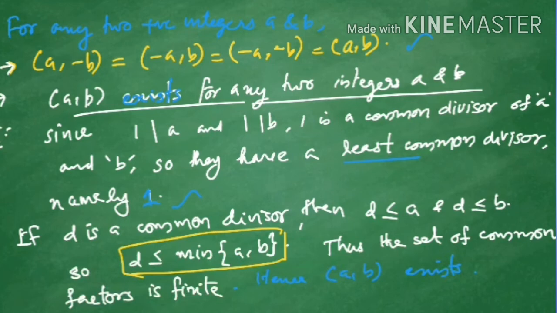Now if D is any common divisor, D must be less than or equal to the minimum of A, B, which is either A or B. That means every common factor is less than or equal to the minimum of A, B, so the set of common factors is a finite set. A finite set has a maximum and a minimum, so the maximum is easy to find. So GCD of A, B always exists.